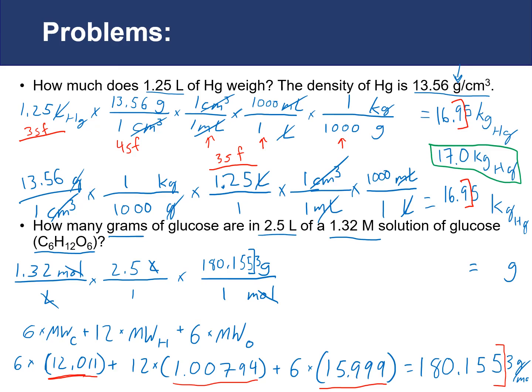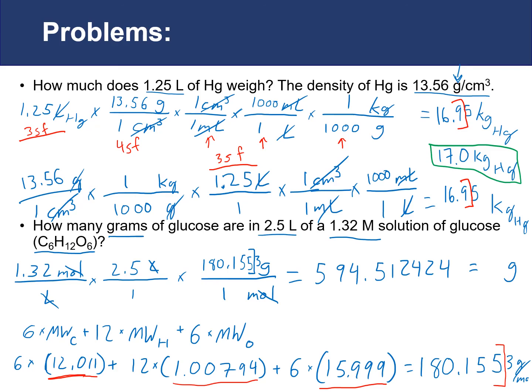In terms of our units, we're left with grams, so we can actually plug this all into our calculator and come up with our answer, which would be 594.51244.